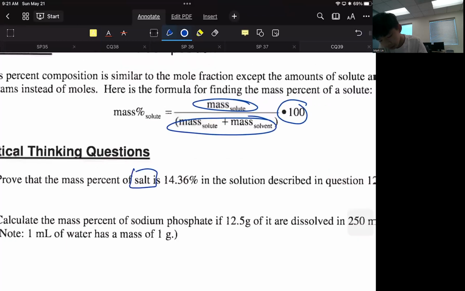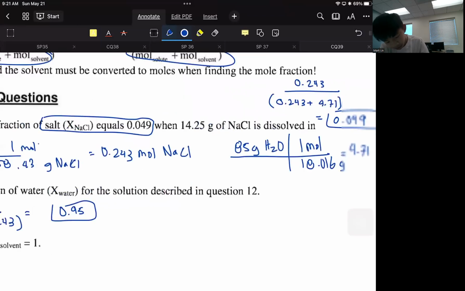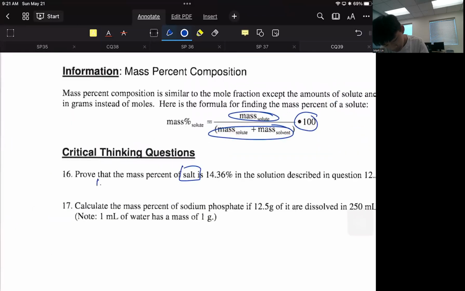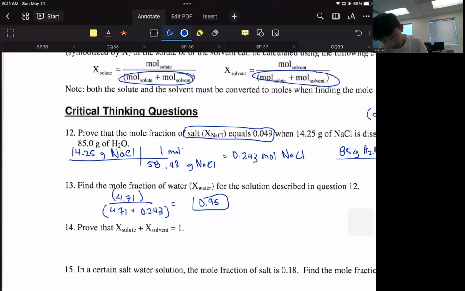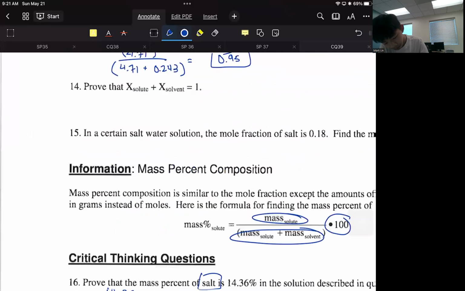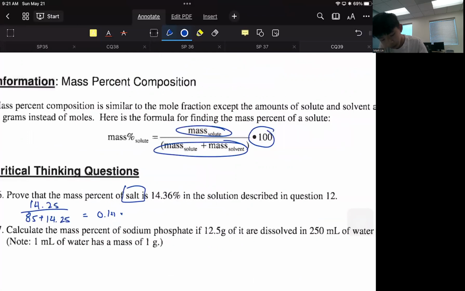So the grams of salt was 14.25 divided by the grams of H2O, which was 85, 85 plus 14.25, is 0.14. But then you take this and you multiply it by 100. It's gonna be 14.36%.